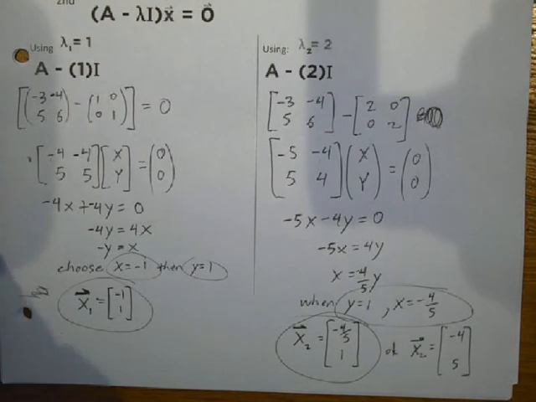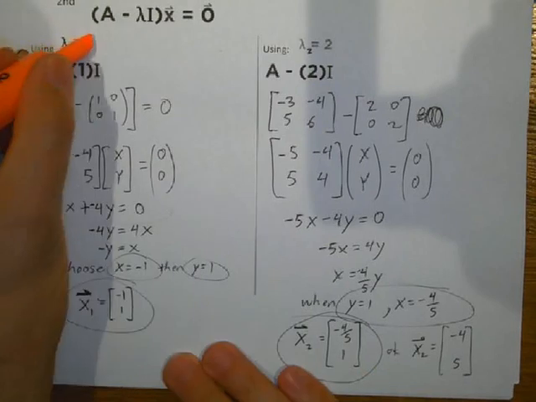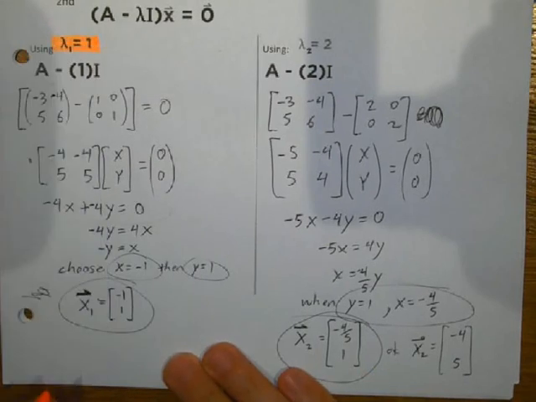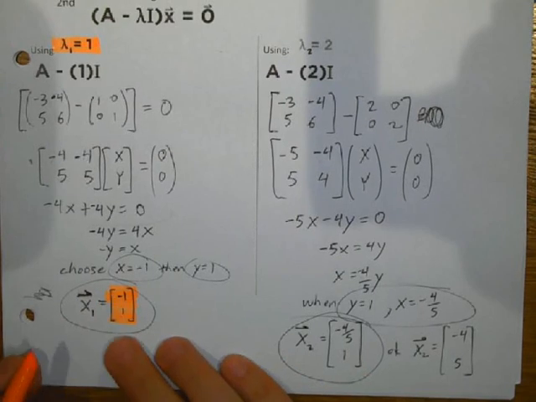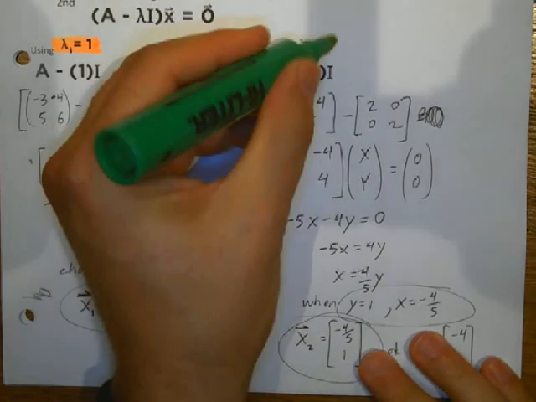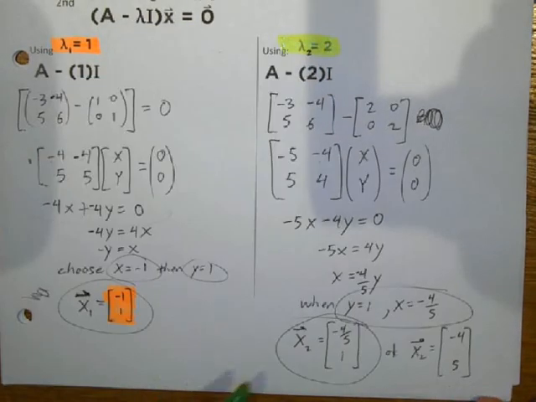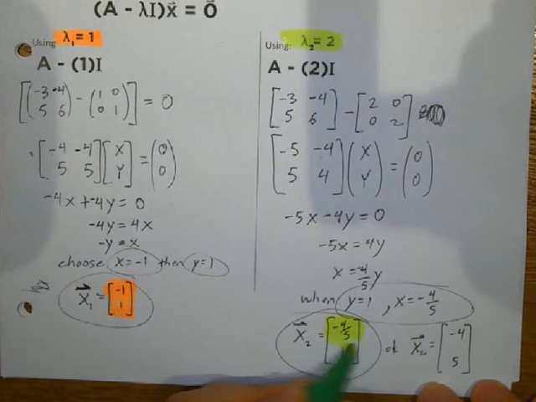So, anyways, we've got for eigenvalue 1 this eigenvector to go with it. For eigenvalue 2, I've got this eigenvector to go with it.